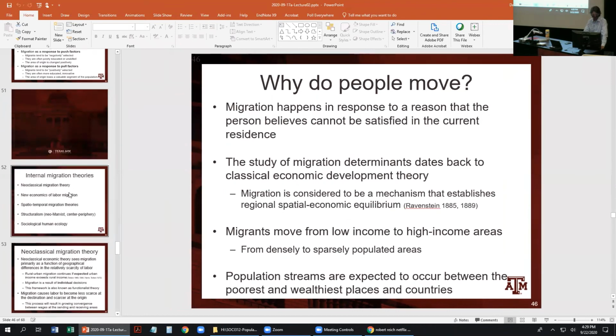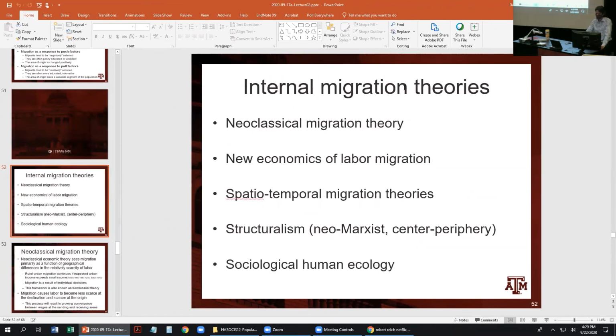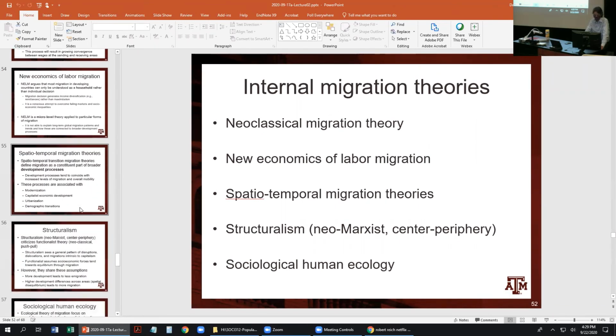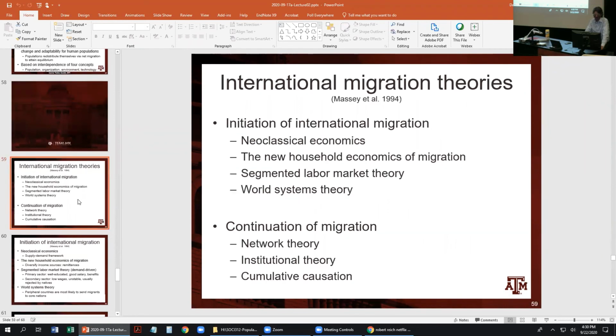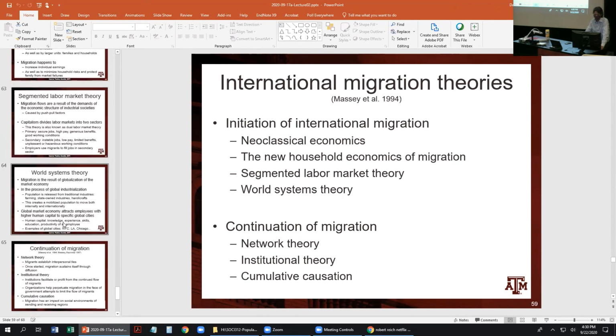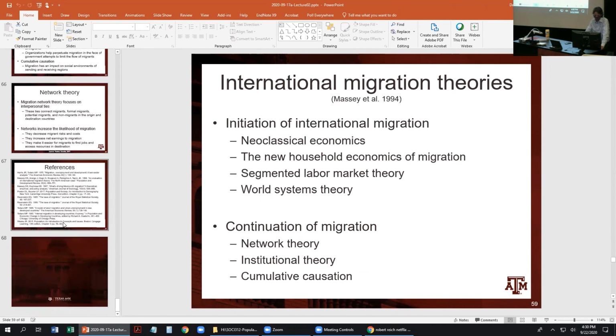And then afterwards, I get some information from other additional papers to go a little bit more in detail about internal migration theories, and then international migration theories. And in the international migration theories, I use a lot of the work by Douglas Massey, a professor at Princeton. So I think we'll be able to finish on Thursday.